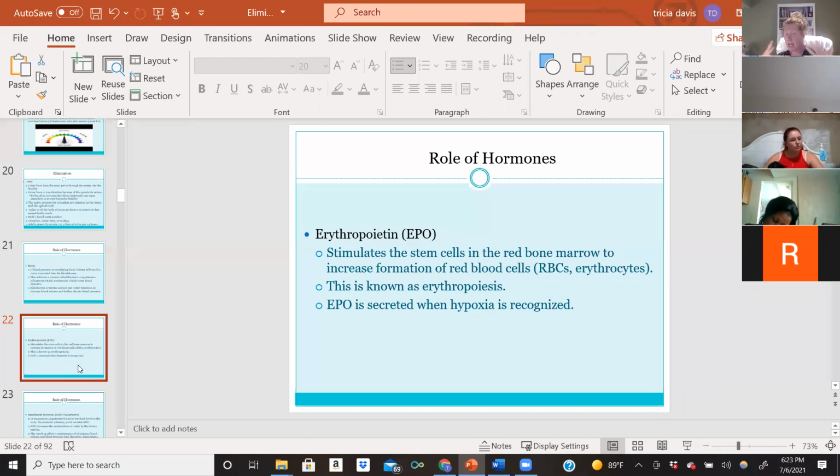If we become hypoxic, or the body thinks that we are hypoxic, it thinks we're not getting enough oxygen to the brain. The first thing the body thinks is that our red blood cells carry oxygen, so we must not have enough red blood cells. So it starts making erythropoietin to make more red blood cells so that we can have more oxygen and get rid of the hypoxia.